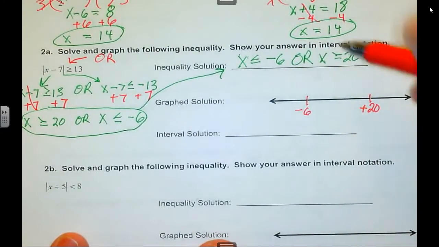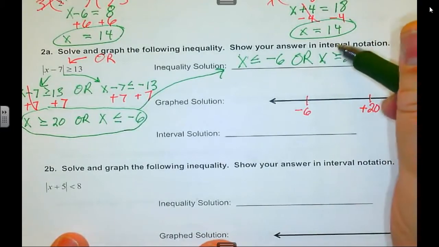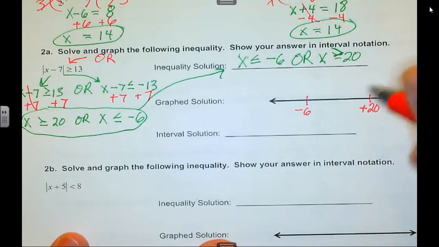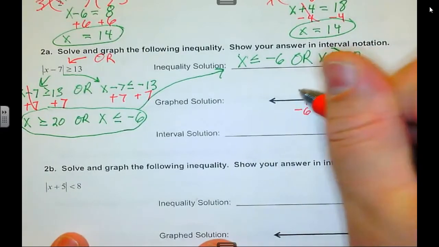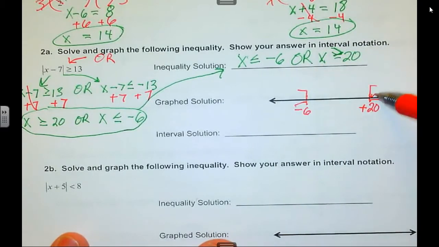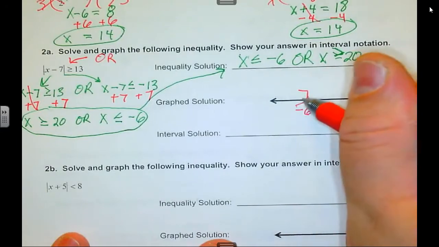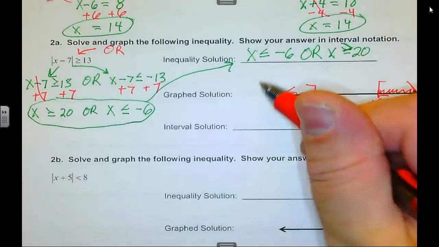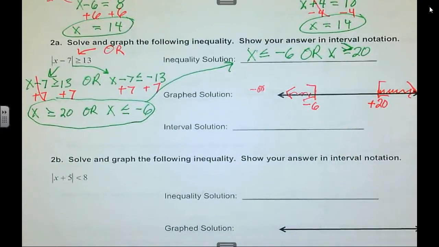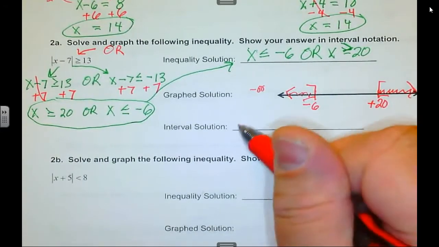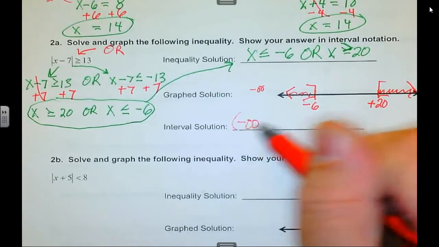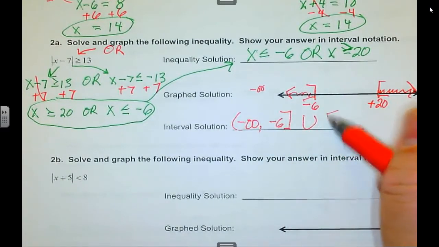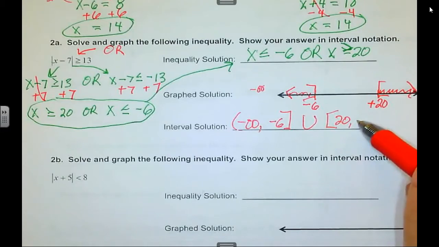Do I have brackets or parentheses? Brackets. Interval notation: this is negative infinity, this is going to be positive infinity. Union 20, positive infinity.